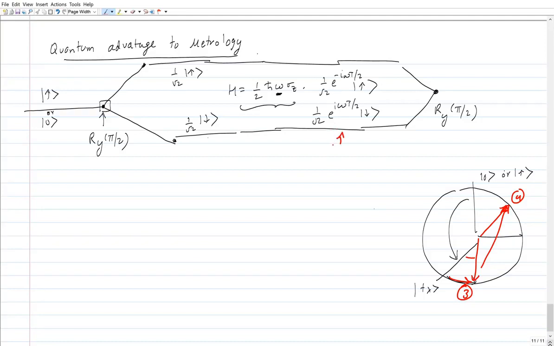This is my state 3, and this was what happens after I again rotated back to convert the phase information into the amplitude information. This is exactly what we have.